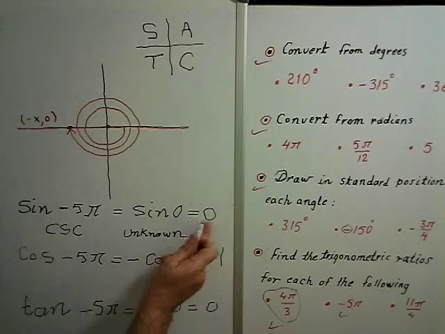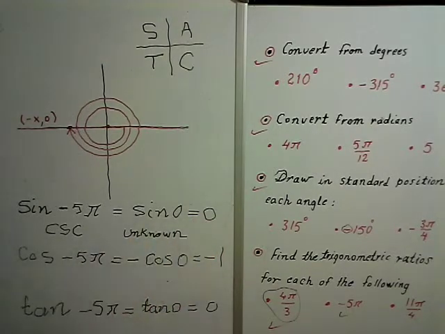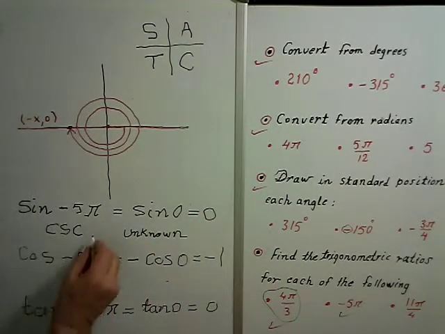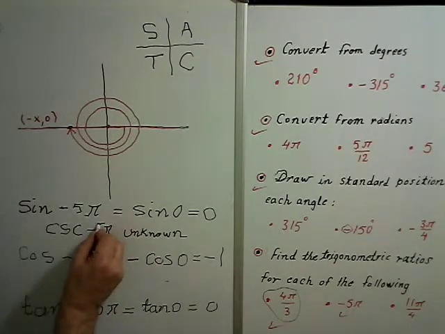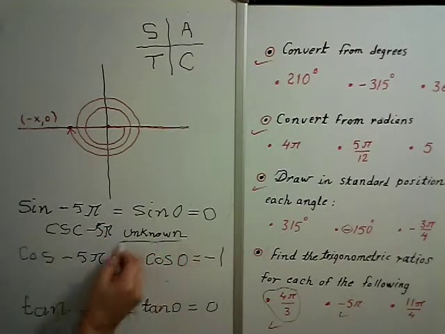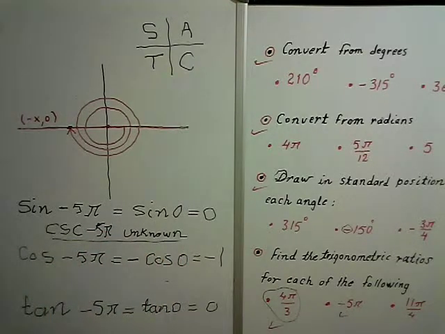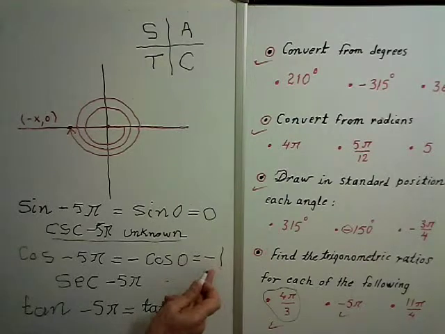Because there is no inverse for 0 for this angle. Okay? And sec also, sec for this angle is the inverse here, which is negative 1 also.